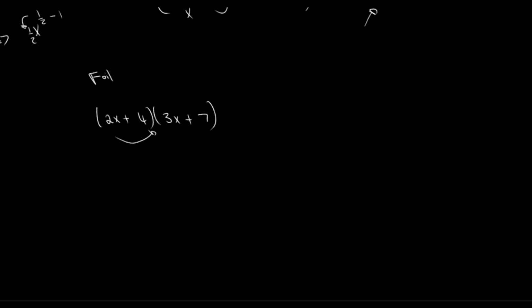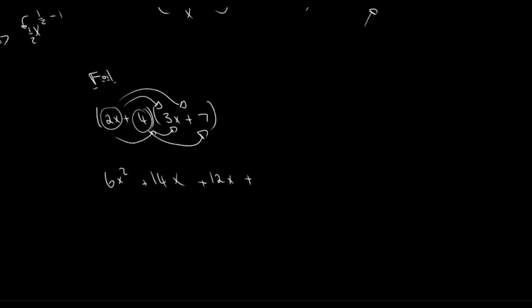Okay, so here we have the FOIL method, which just means first, outers, inners, and lasts. So firstly, you're going to take this term and multiply it with everything in the parentheses. And then secondly, you'll take this term and multiply it with everything in the parentheses. Very simple. So we're going to have 6x squared plus 14x plus 12x plus 7 times 4 is 28.